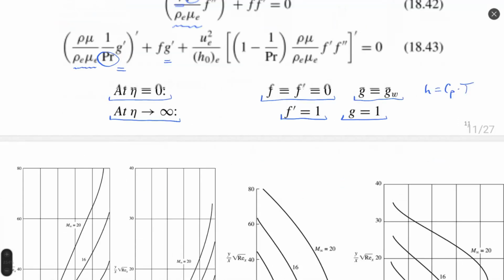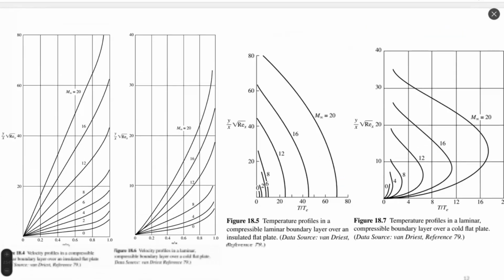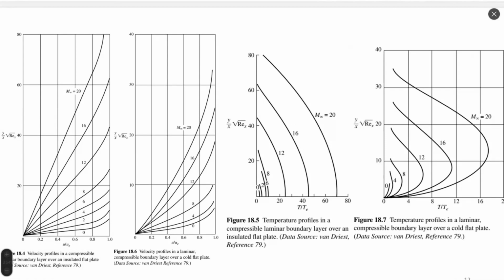Two equations. So as a solution, we have a function of two independent parameters. These parameters would be Mach number and distance.